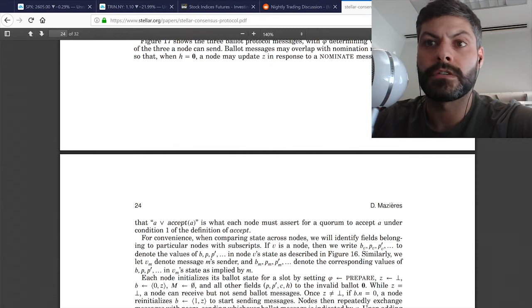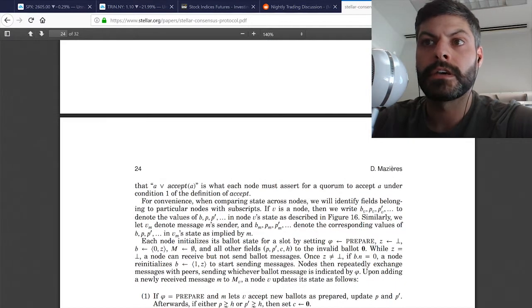If V is a node, then we write B_V, P_V, P prime_V to denote the values of B, P, P prime in node V's state as described in figure 16. Similarly, we let V_M denote message M's sender, and B_M, P_M, P prime_M denote the corresponding values of B, P, P prime in V_M's state as implied by M.